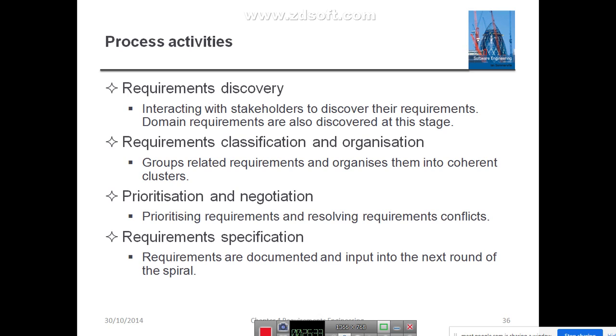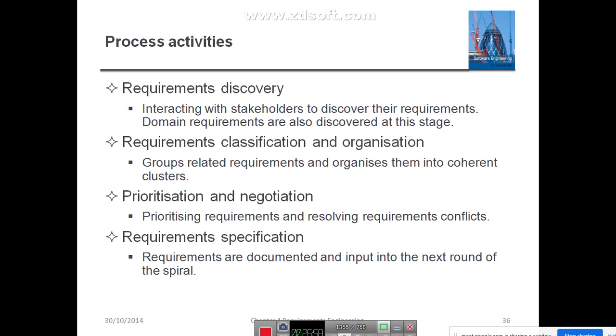That means how we are going to access the data, how we are going to organize the data, in which manner you are going to store that particular data. Everything you study in data structure. In such a manner, the requirements are also organized into coherent clusters. That is done in the second stage of the requirement elicitation process.